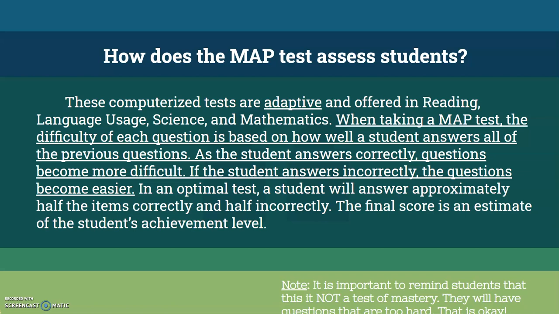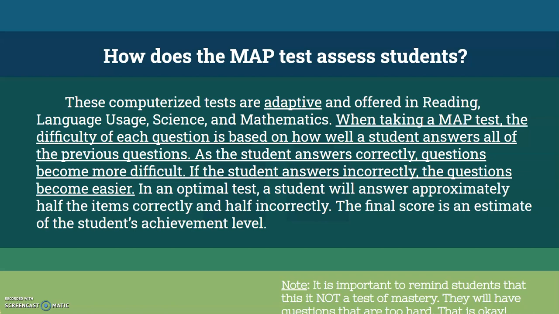As the students are answering correctly, questions are going to become more difficult. If the student is answering incorrectly, then the questions become easier. In an optimal test, the student will answer approximately half the items correctly and half of them incorrectly. And the final score is an estimate of the student's achievement level.